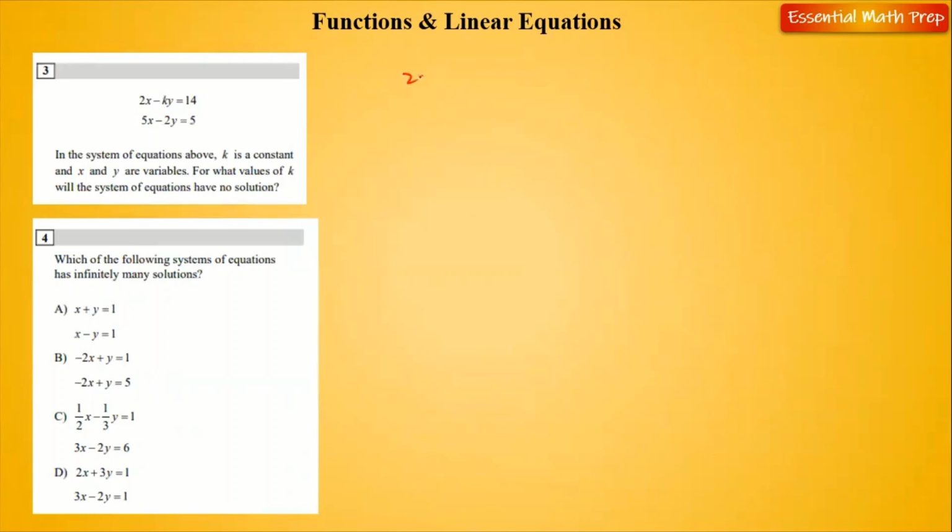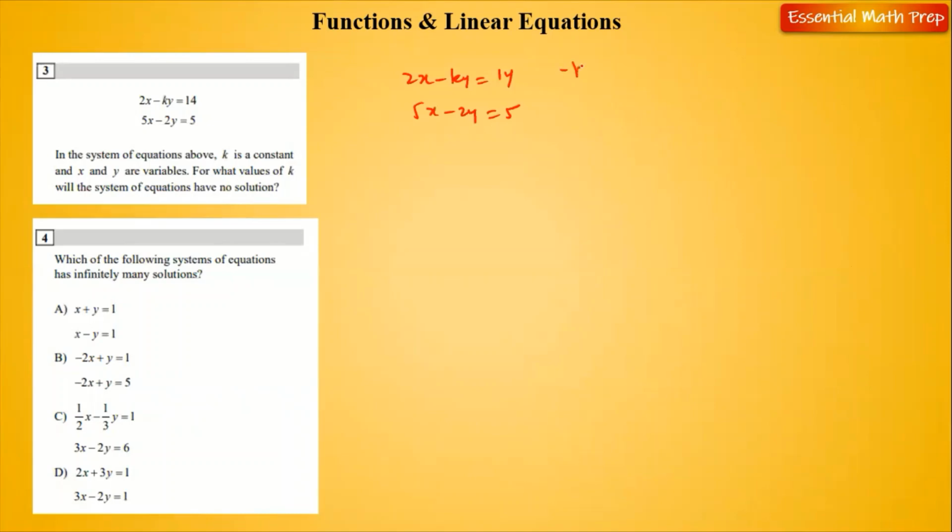So here we have 2x minus ky equals 14, and then you have 5x minus 2y equals 5. For what values of k will the system have no solution? What that really means is that the two equations are equivalent. In other words, first let's convert each of the equations in terms of y, so we can have a slope.